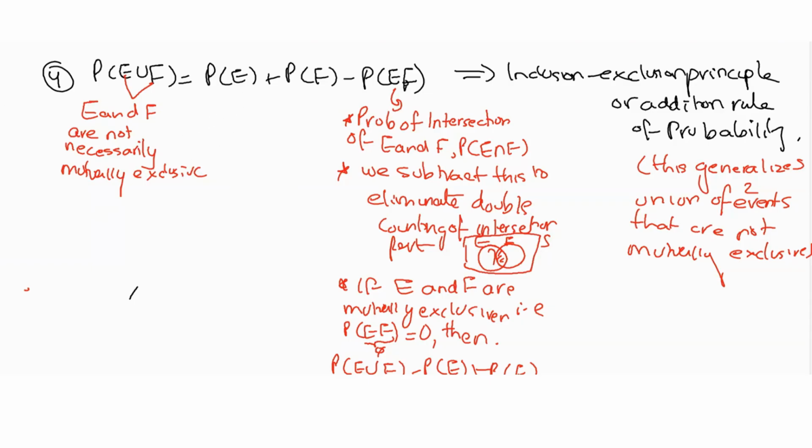Now, we can extend this to 3 events as well, and so on, right? Right now we talked about how to find the probability of the union of 2 events. We can extend this to 3 events and more.